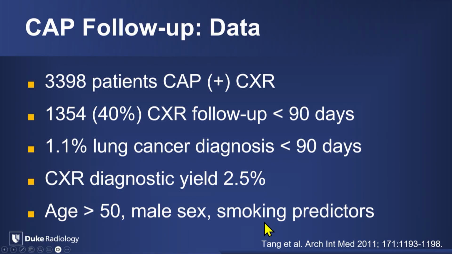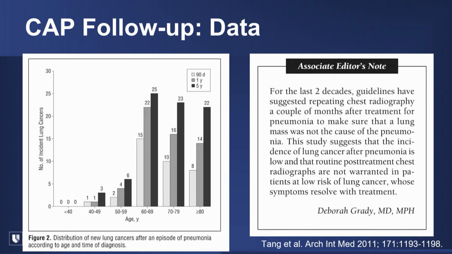That includes alternative diagnoses. As you would suspect, age greater than 50, male sex, and the presence of smoking were predictors for a diagnosis of cancer in patients with initial presentation of pneumonia. And this just shows you the stratification.